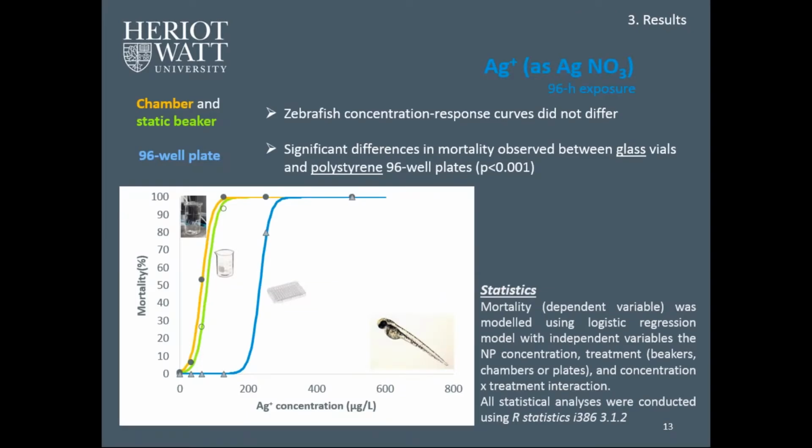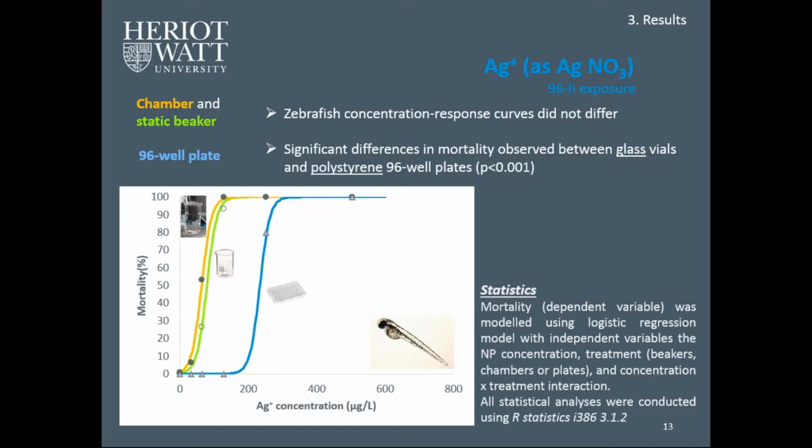So for the first set of results, we have the silver ions. The mortality of the zebrafish larvae was modeled using logistic regression with independent variables: the nanoparticle concentration, in this case the silver ion concentration, the treatment, that is the three different methodologies that we used, and the concentration and treatment interaction.